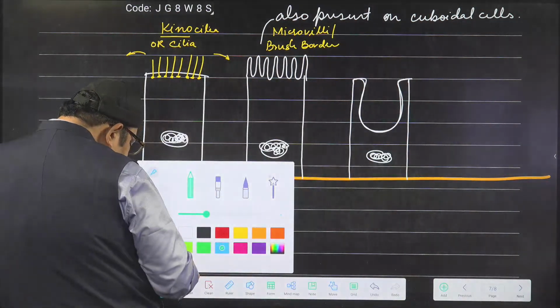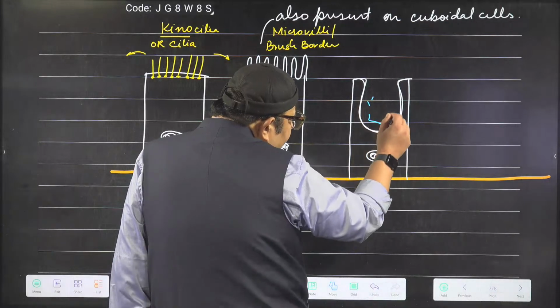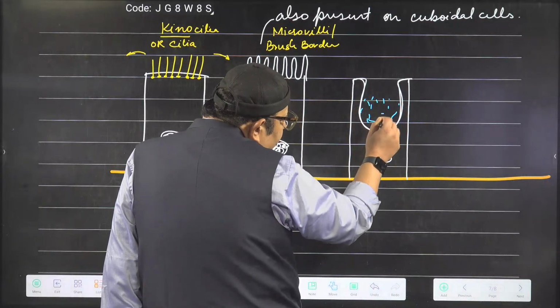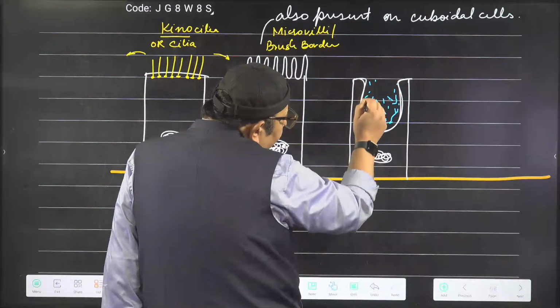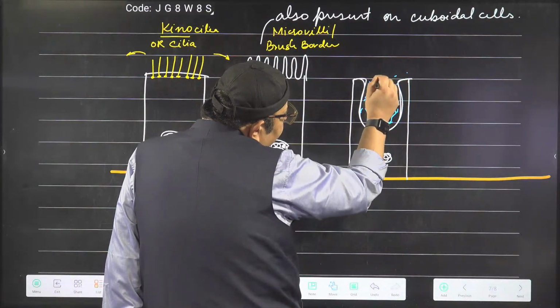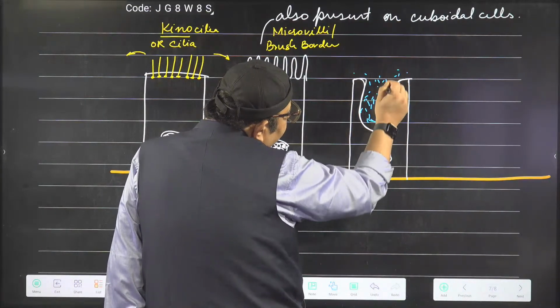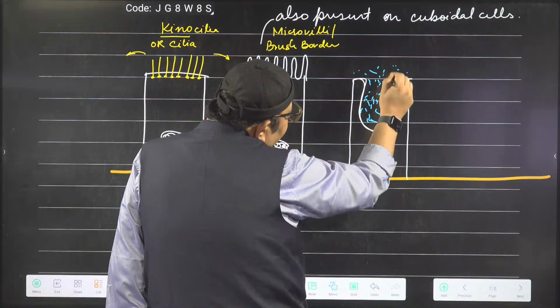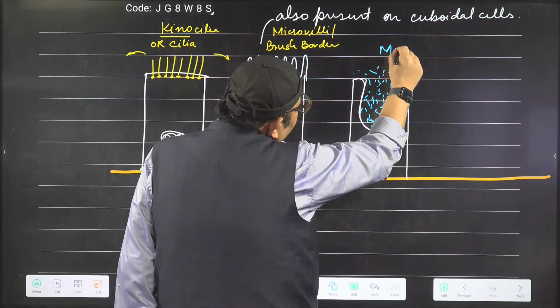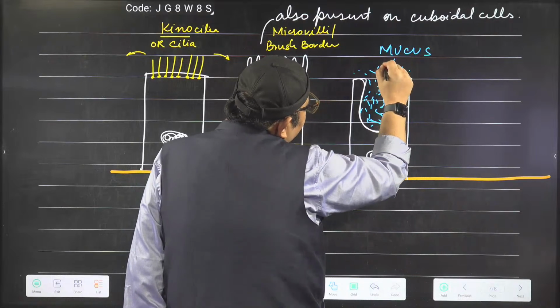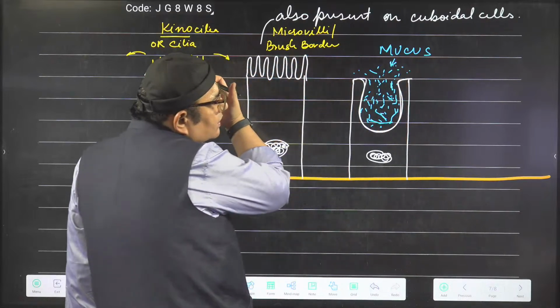The third one is a cell, and here you can find the secretion bubbling out and coming on the surface. The secretion is called mucus.